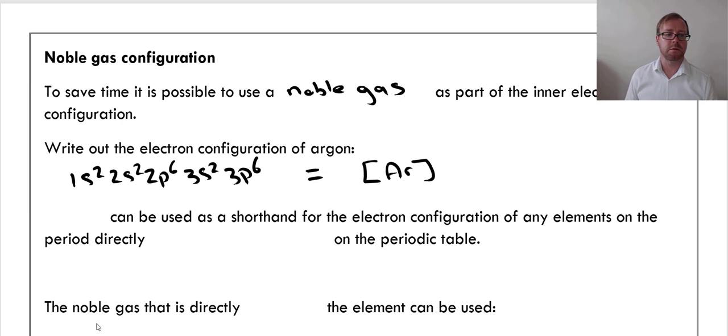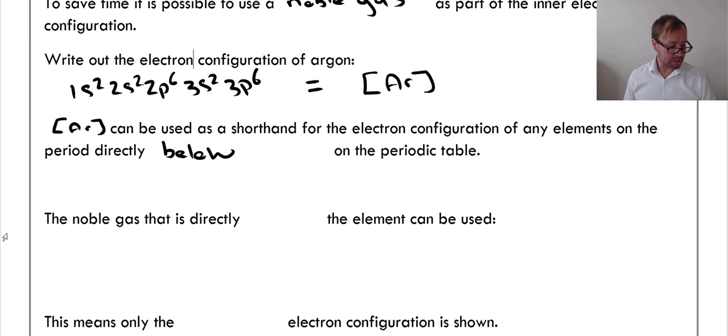So the electron configuration of argon is 1s2, 2s2, 2p6, 3s2, 3p6, and we can say that all of this is equal to argon. So square brackets with Ar in the middle can be used as a shorthand for the electron configuration of any elements on the period directly below on the periodic table.